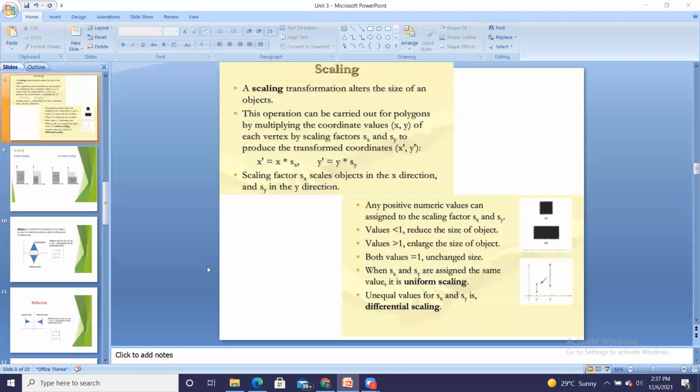Rotation is the transformation where you have to specify the angle of rotation. We considered theta as the angle of rotation, and there are two ways to rotate the object. One is the anti-clockwise direction, which is considered positive, and the second is clockwise rotation, which is considered negative.